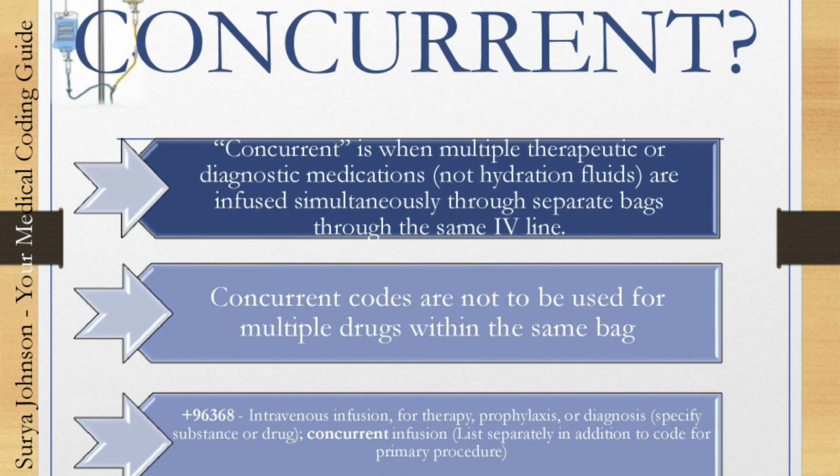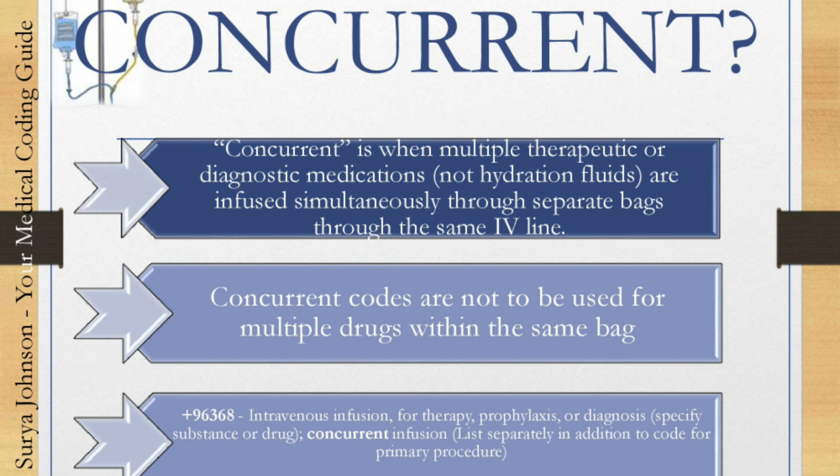So what is a concurrent infusion? Concurrent is when multiple therapeutic or diagnostic medications, but not hydration fluids, are infused simultaneously through separate bags through the same IV line. It means multiple therapeutic or diagnostic drugs are infused at the same time through the same IV line, but different ports.